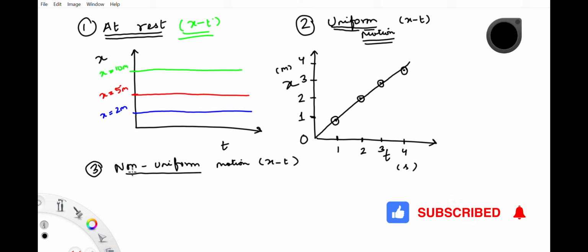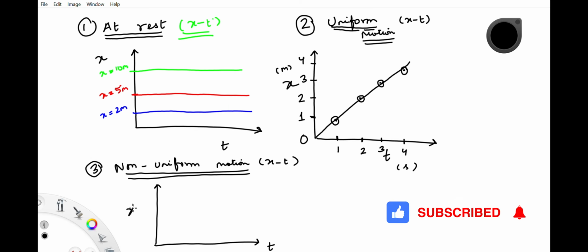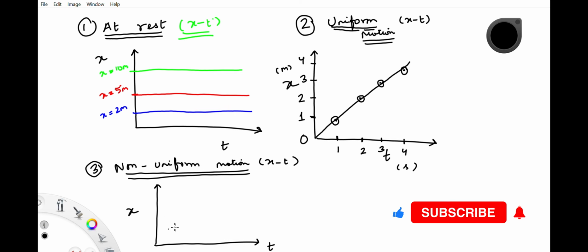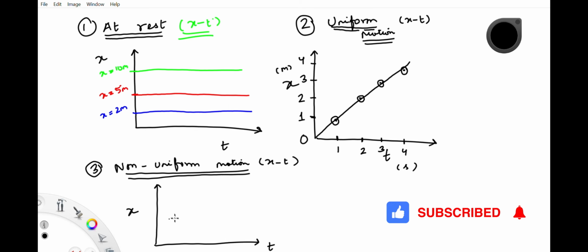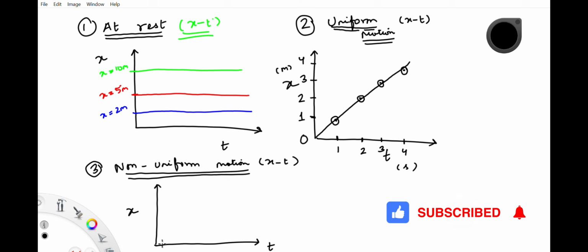And here as well we are trying to draw the position time graph, with position on the y-axis and time on the x-axis. Over here the position does not change uniformly with respect to time. So it can be something like this.